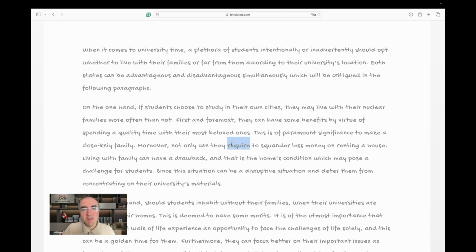Basically, if these words confuse you, forget it. Not only are they required or can they be required to squander less money. I like it. It's like, go ahead, squander. Just can you please kindly, gently squander less?